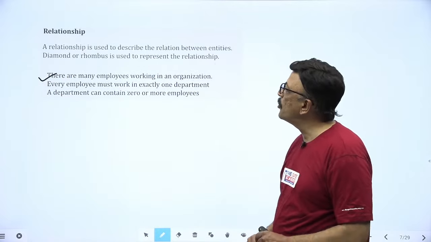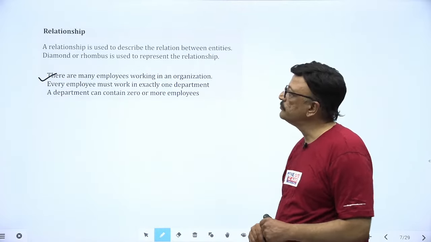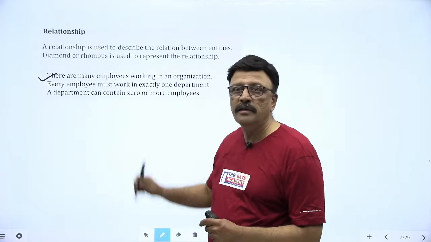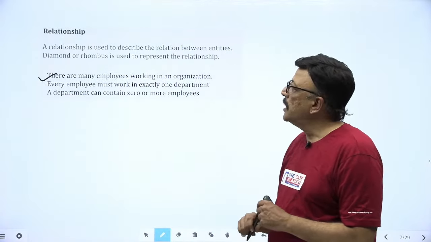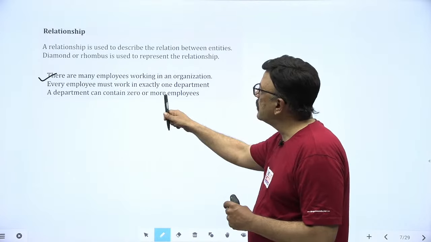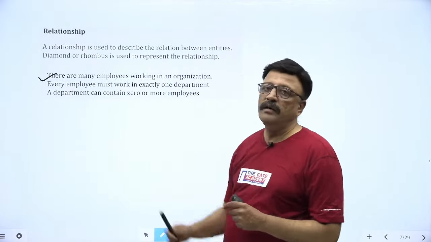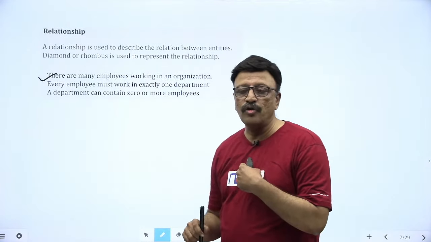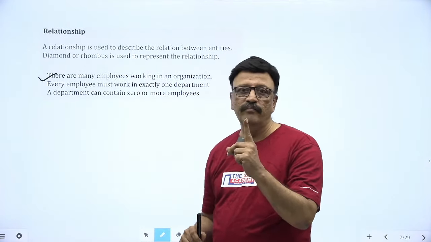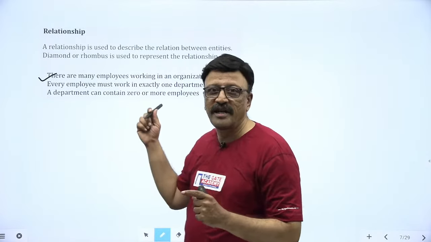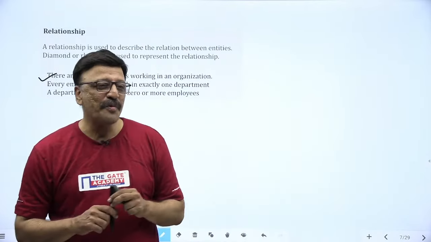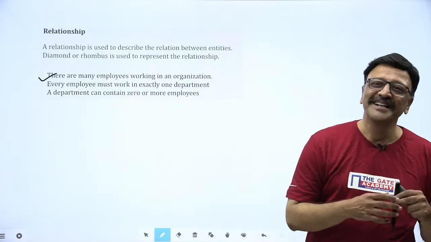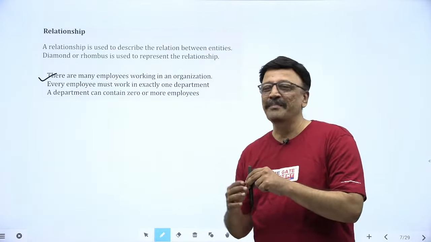There are many employees working in an organization. Every employee must work in exactly one department. So if I am an employee, I should work only in one department. That's a very nice organization, because mostly, in an organization, an employee is asked to work in more than one department.